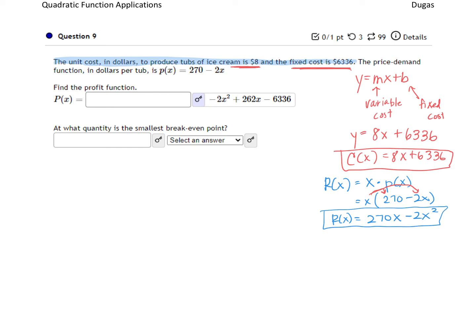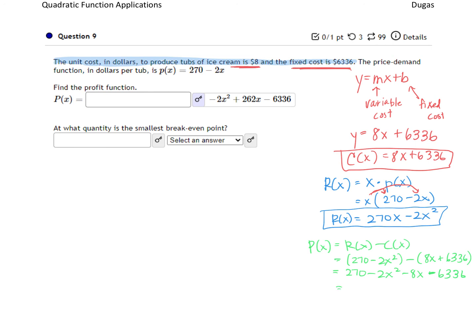And so finally, to find the profit, that is the revenue minus the cost. So that would be 270x minus 2x squared minus 8x plus 6336. So that will be 270x minus 2x squared minus 8x minus 6336.